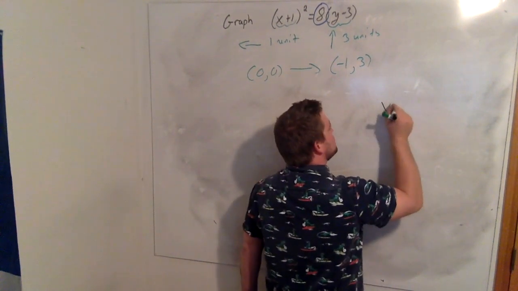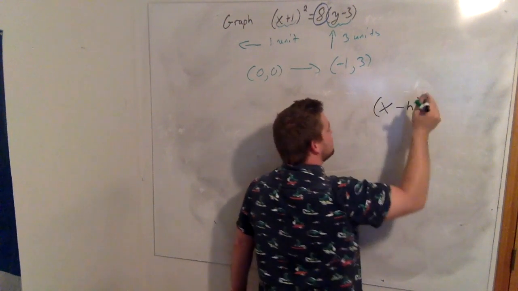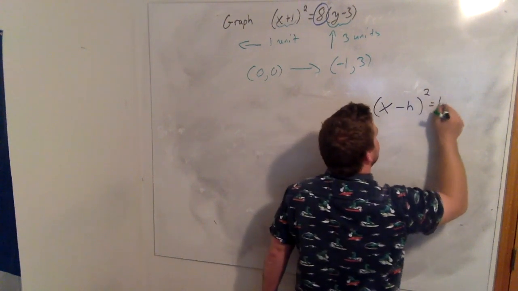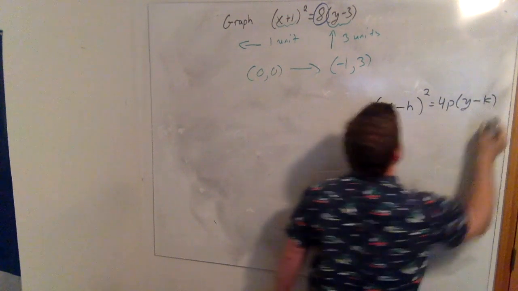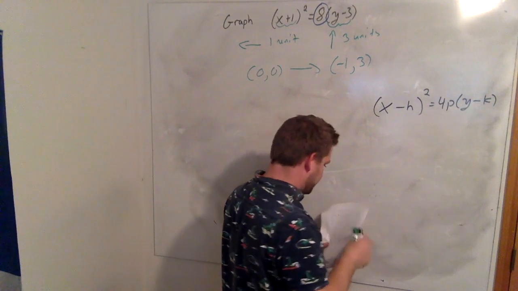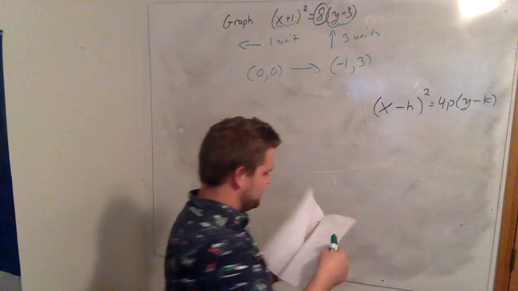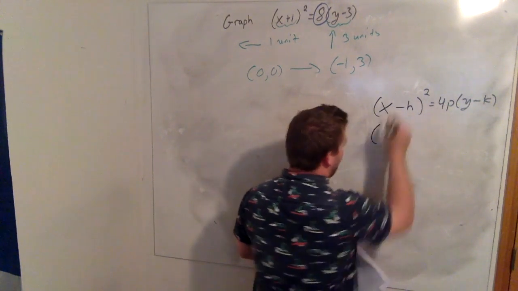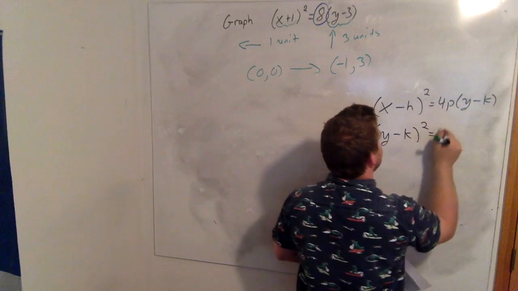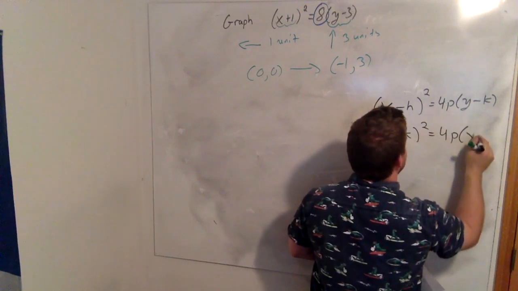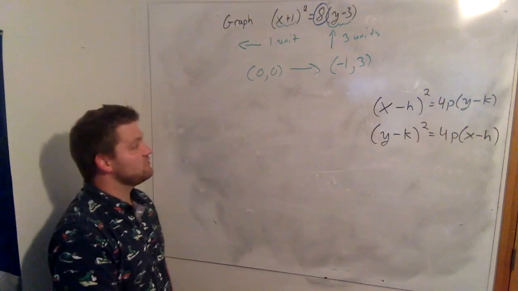It'll be x minus h squared equals 4p times y minus k. Can't remember if I'm getting my h's and k's mixed up. Yeah, that's fine. Or we could have y minus k squared equals 4p times x minus h. These will be the two versions of a shifted parabola.